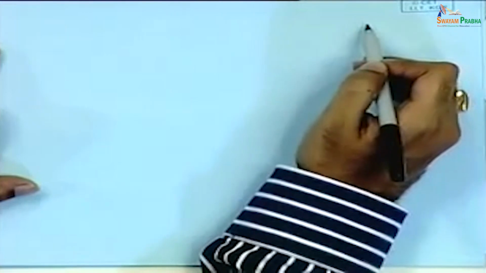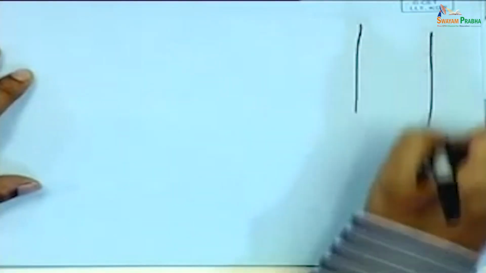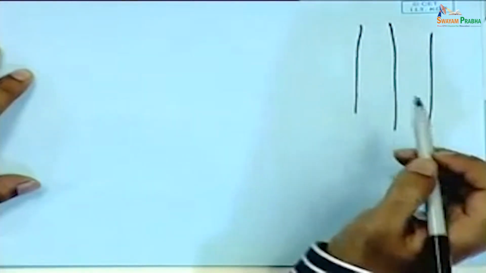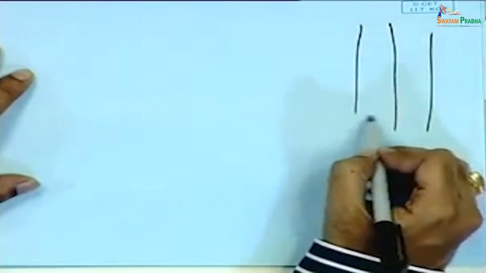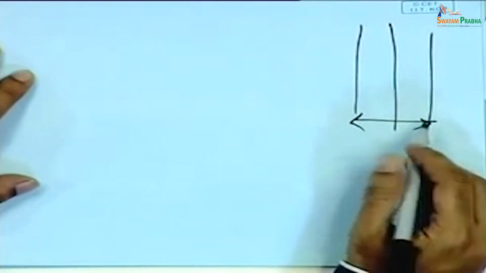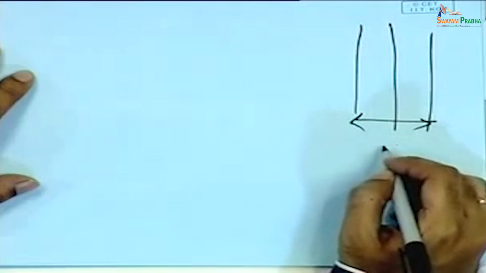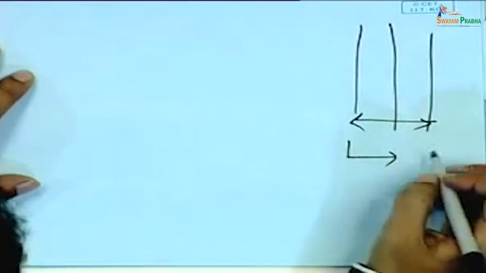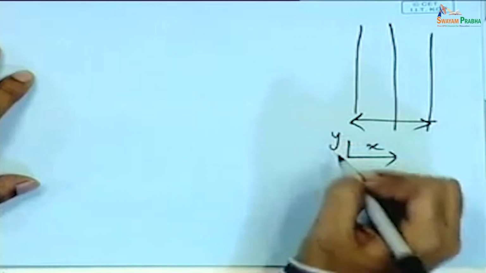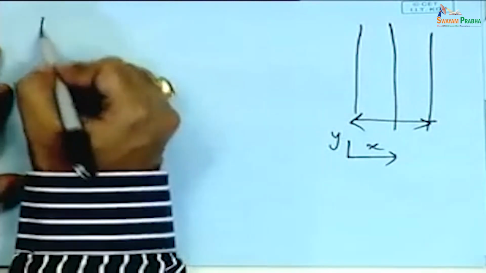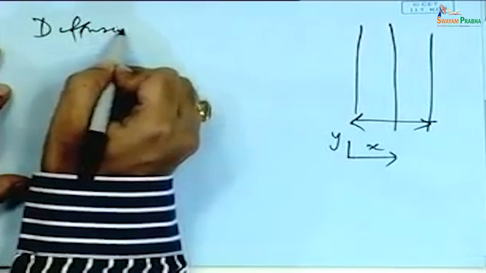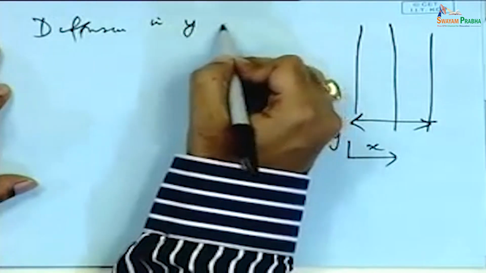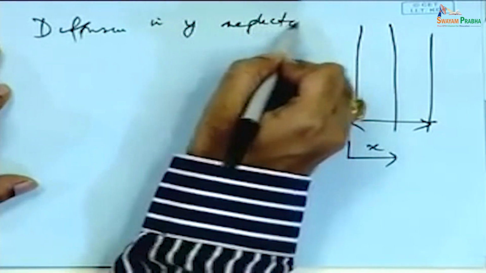Now let's put this assumption very clearly. This is my rectangular slab, and I'm going to consider diffusion in this direction, which is x. Diffusion in the y direction is neglected because the slab is assumed to be too long.